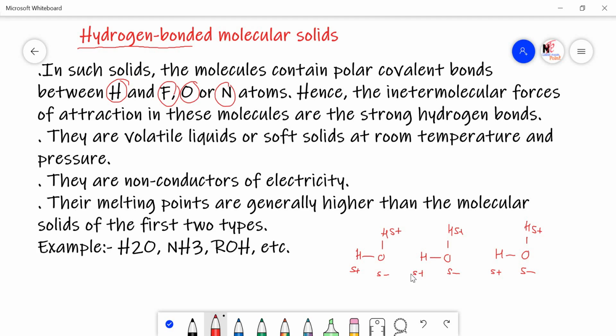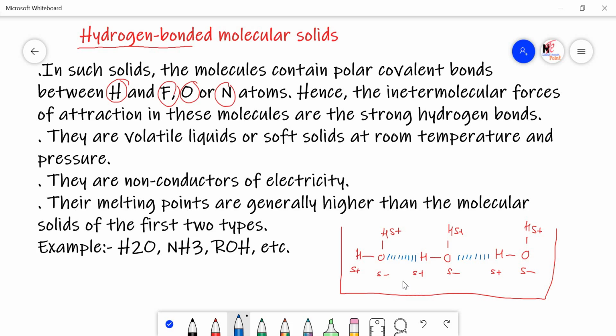So here partial positive charge, partial negative charge, if these molecules are placed in the same container, then we can expect some type of attraction forces. That attraction force in this case is called the hydrogen bond. Earlier case we called them the dipole-dipole interactions. Here we are calling the same dipole-dipole interactions as hydrogen bond.